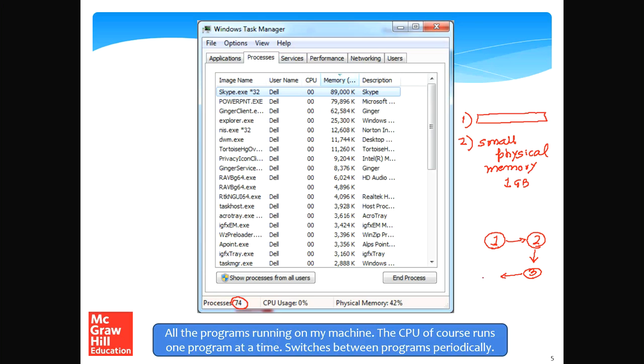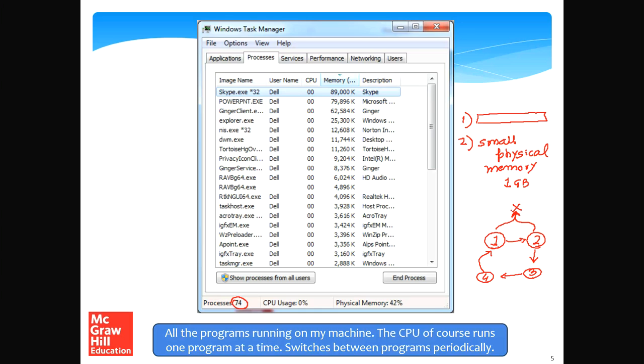It periodically switches between programs, and then it can switch back. When I'm running all of these programs and each program is assuming that the entire memory space belongs to it, there is a possibility of an overlap, in the sense that one program writes to one memory address, another program mistakenly writes to the same memory address, so we have an overlap.